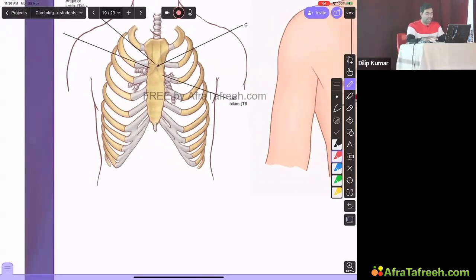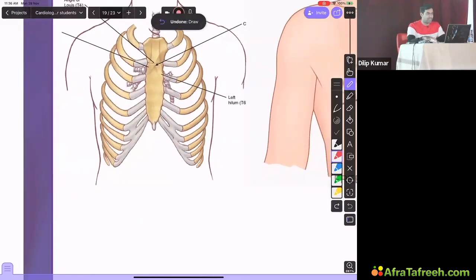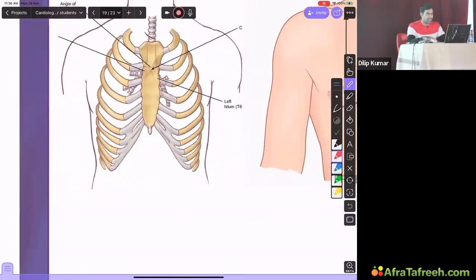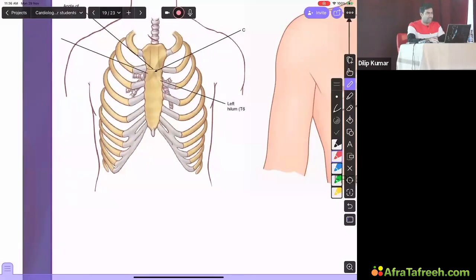So first, the heart border. Where is the right heart border? Let me take the second costal cartilage. Left second costal cartilage, maybe here.